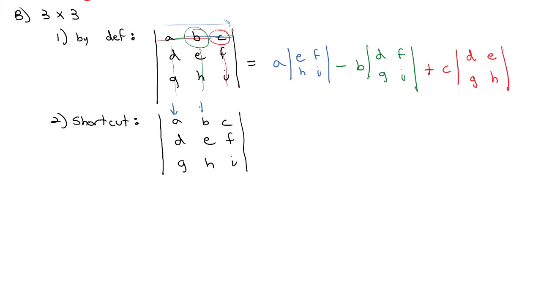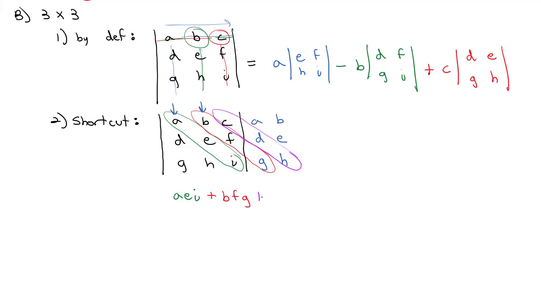We're going to repeat the first and second columns next to it: A, B, D, E, G, H. Then we're going to take all the downhill products. There should be 3 of them: A, E, I, B, F, G, add it, and C, D, H.